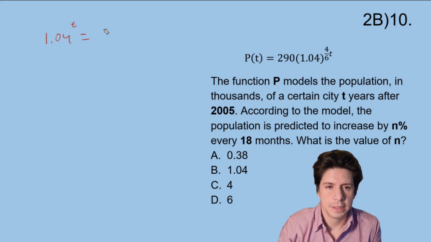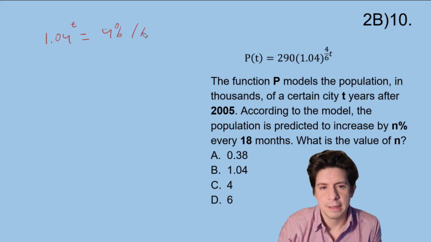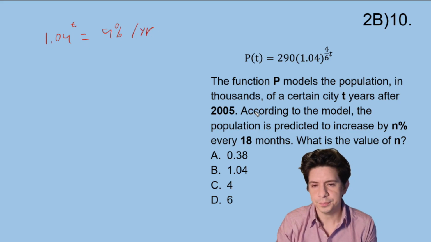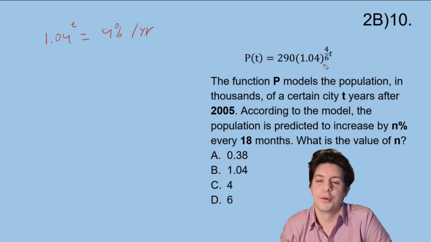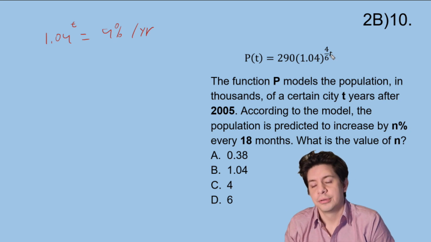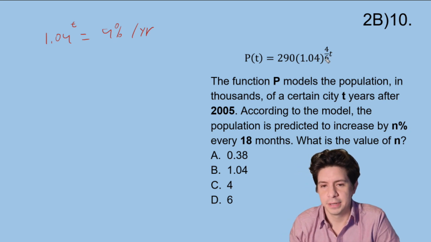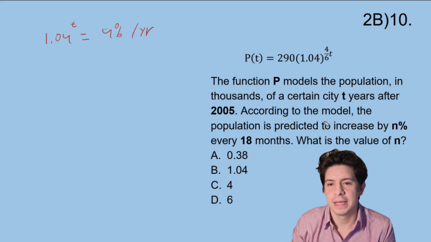But here, we have 290 and we have 1.04 to the 4/6 T. So every 18 months, what is the value of n?